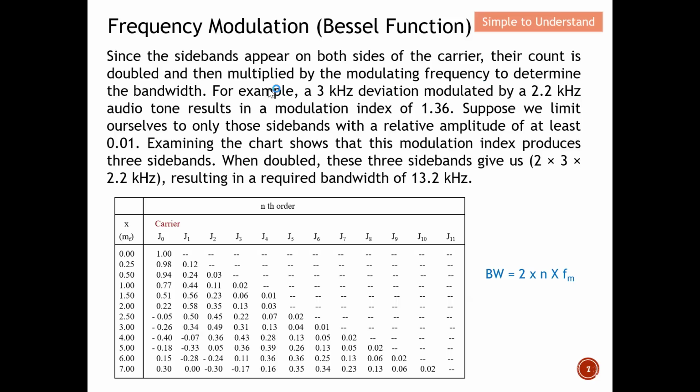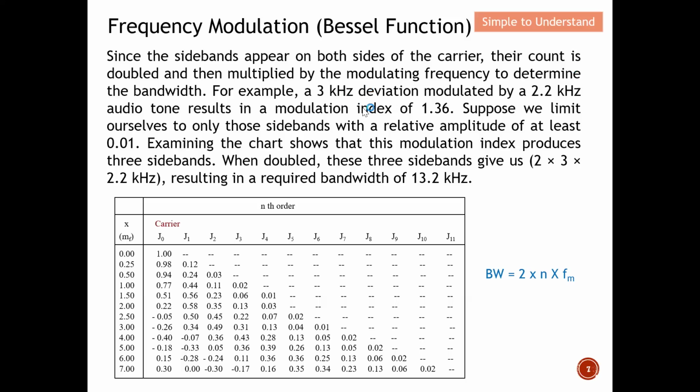Let me give you an example. For example, we have a frequency deviation of 3 kilohertz, and it is modulated by a 2.2 kilohertz audio tone, resulting in a modulation index of 1.36. So this is the frequency deviation, and this is the modulating signal. How do we compute the modulation index?